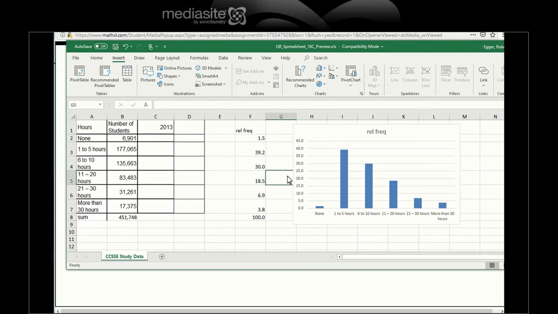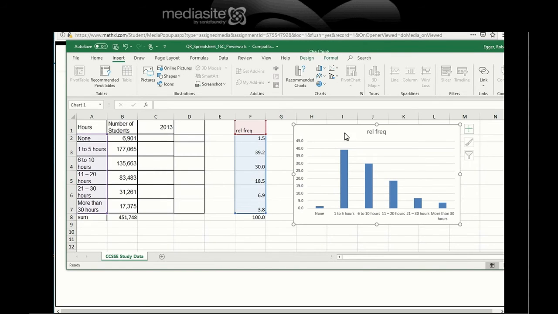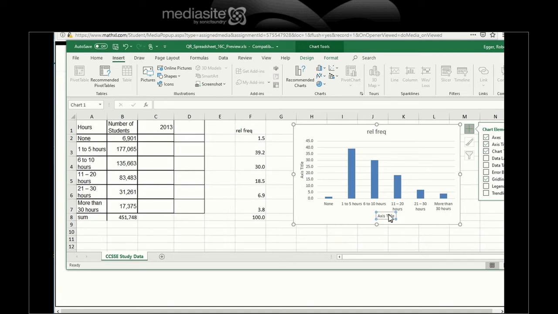Exit helps, does well. Grid graphing, we should always have axis titles. This being hours, so we know it's hours.